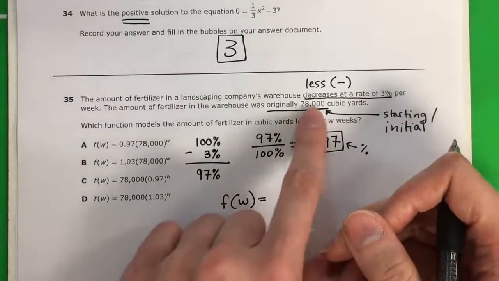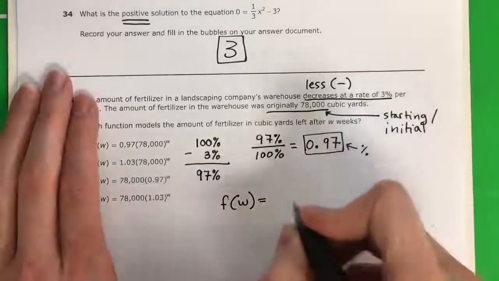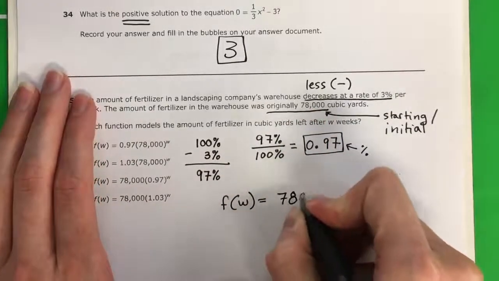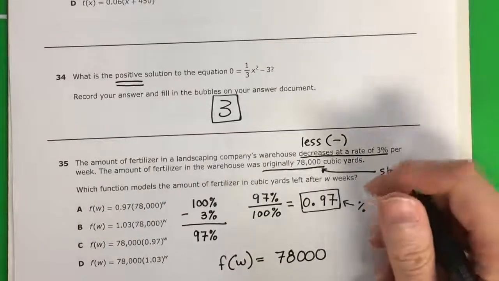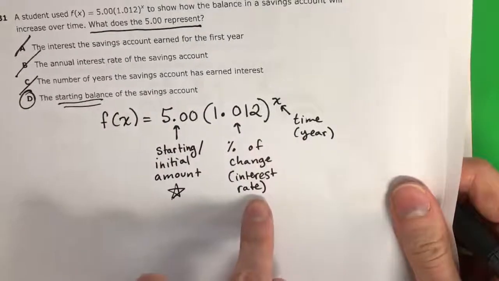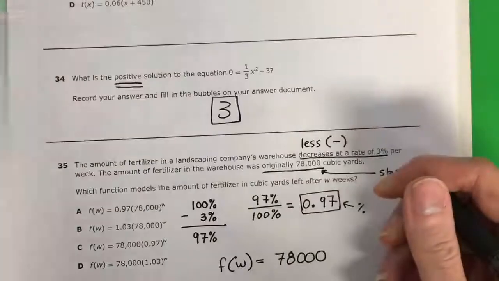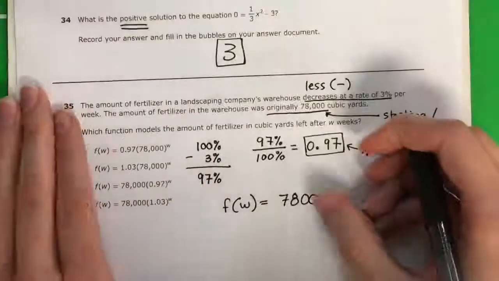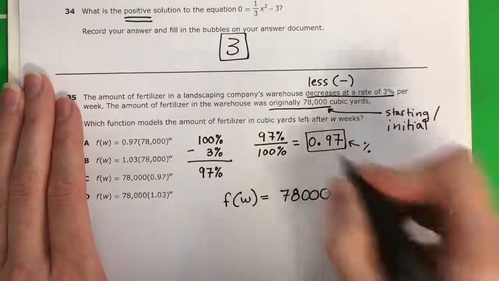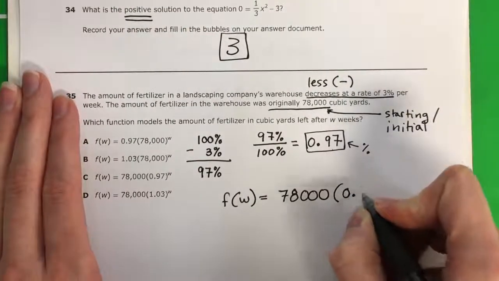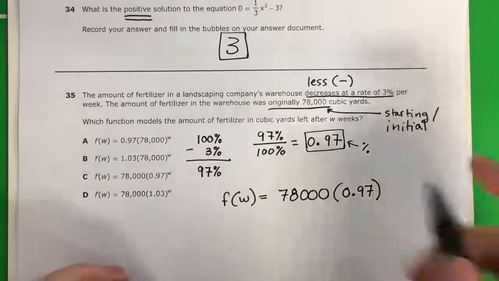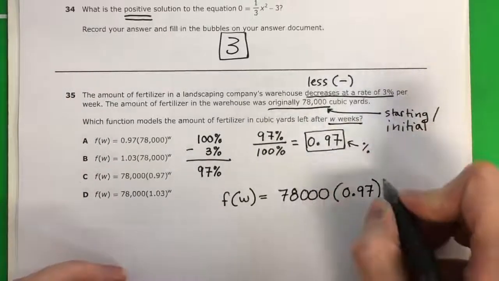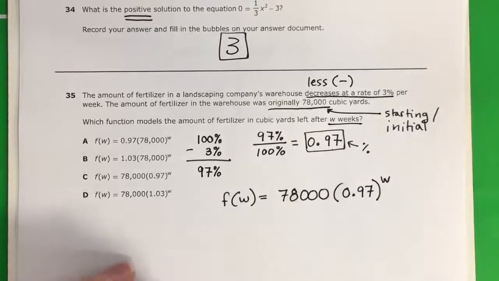Here my starting is 78,000, so I'm going to write 78,000. And just like in question 31, they put in parenthesis the interest rate or the percent. So in parenthesis, I use 0.97. And then here I need to put the time. They said to use W for weeks, so I'm going to put W for my time.